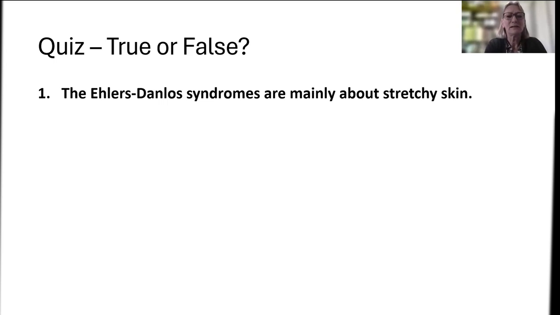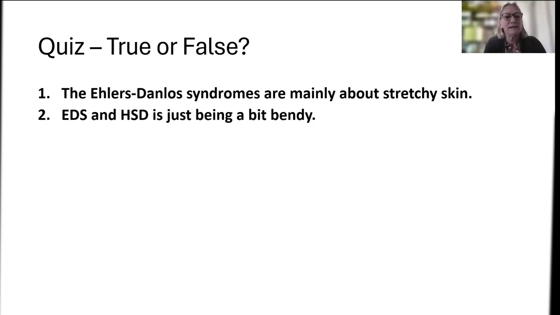So Ehlers-Danlos syndromes are all about stretchy skin. True or false? EDS and HSD are conditions that are really just about being bendy, super bendy. True or false?